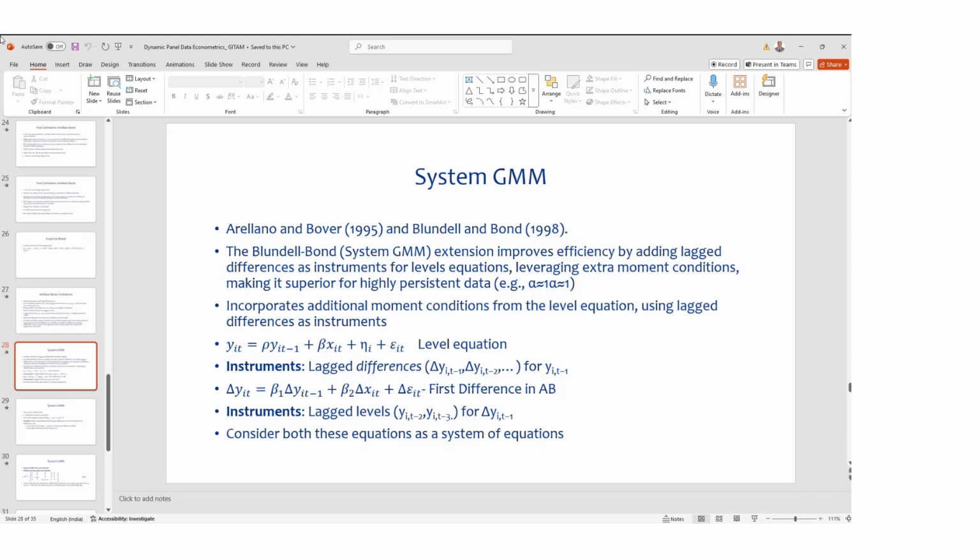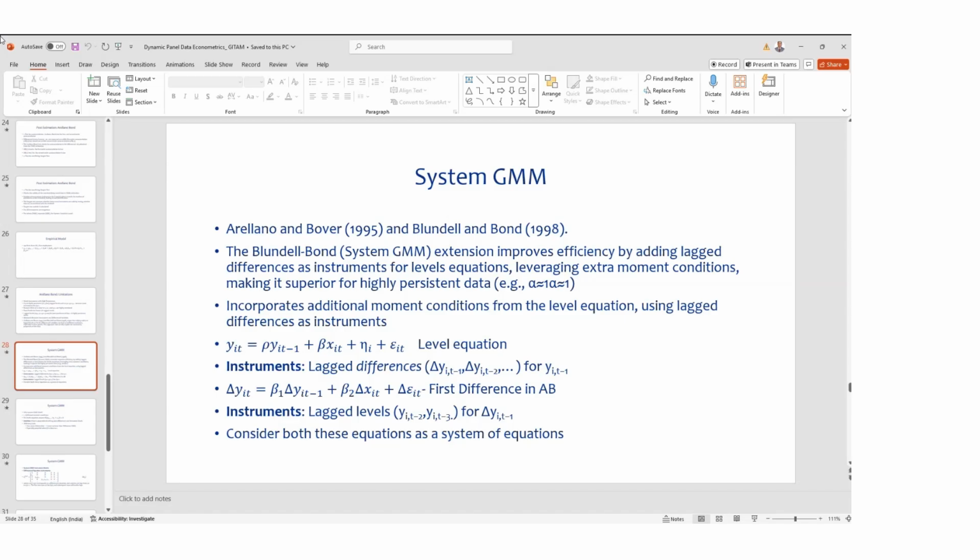So we are going to introduce two types of instrumental variable into the picture because you are considering it as a system. How will your instrumental variable look like? Arellano-Bond's method is already there, right? The Arellano-Bond instrumental variable you have already seen.